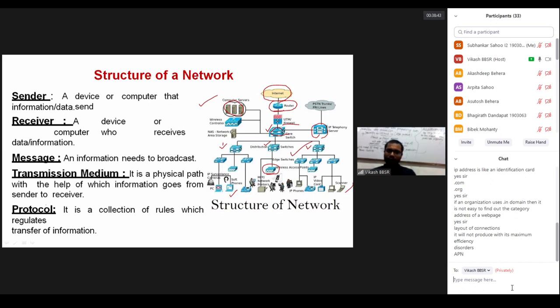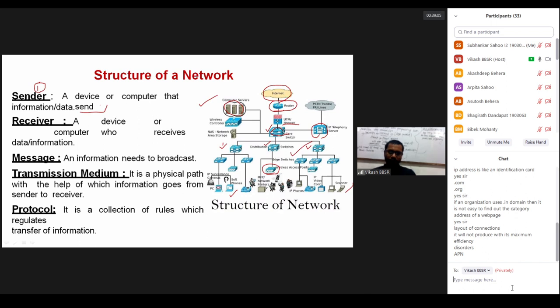First thing, when the network devices are completed, the structure of the network is completed. Then what is required? First is the sender. What is the role of the sender? A device or computer that sends information or data, because someone should send the data.